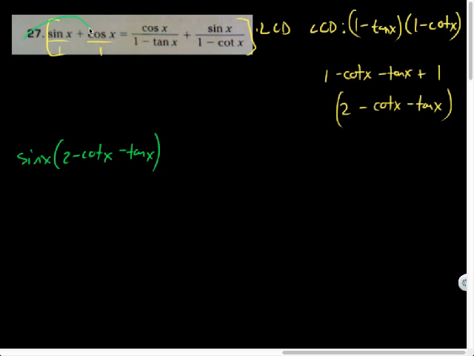And then multiplying it by cos x, I'll get the same thing, plus cos x. Guys, I don't think it's going to fit. Oh, man, I need a wider screen. All right, equals. When I multiply the LCD by this, the 1 minus tan x will cancel out, right? And I'll have cos x multiplied by this.